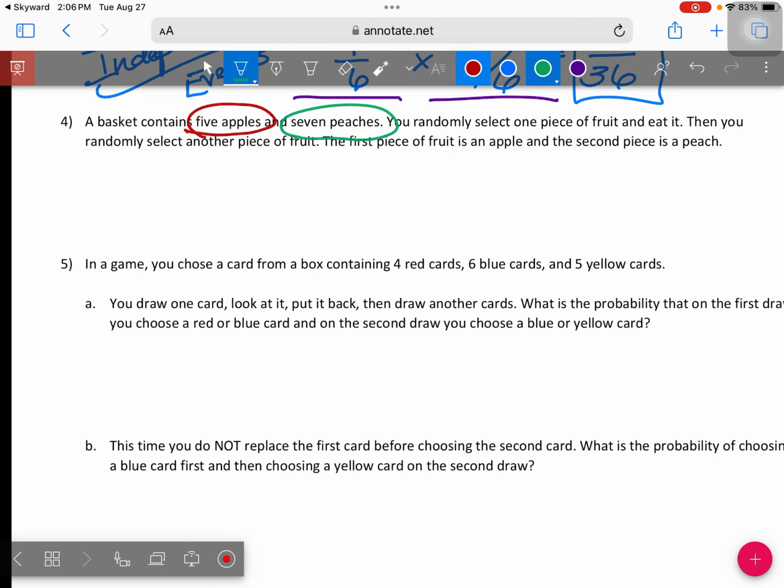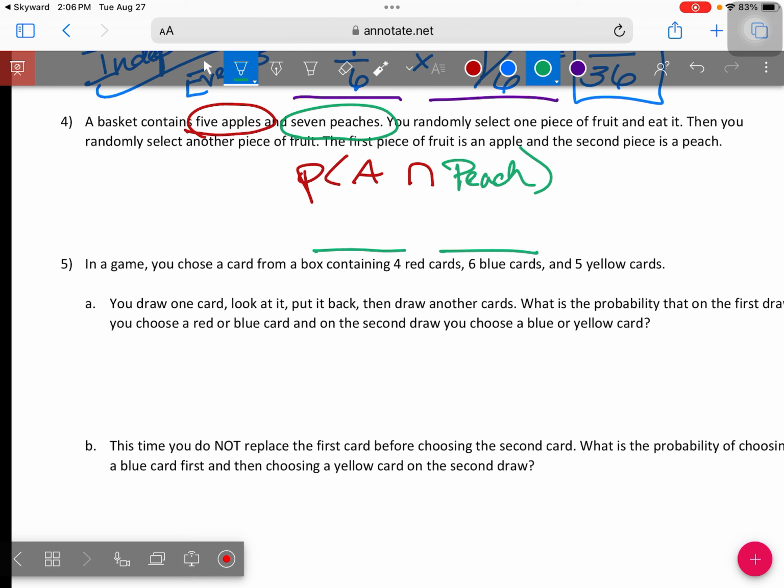The first piece of fruit is an apple. And the second piece of fruit is a peach. How many different probabilities am I talking about? 2, says Avery.